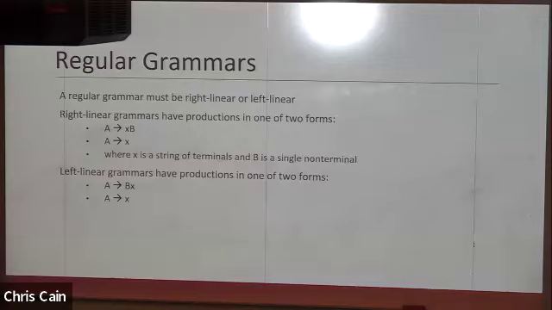So if you think of this recursively, you're coming up with the leftmost parts of the string, and then making a variable for the very end, and then coming up with the remainder of that, and then something at the very end. So it's linearly denoting the string from left to right if it's right linear, and linearly denoting it from right to left if it is left linear, because that non-terminal is on the left. So what comes later is on the left, the closer to the beginning part of the string.